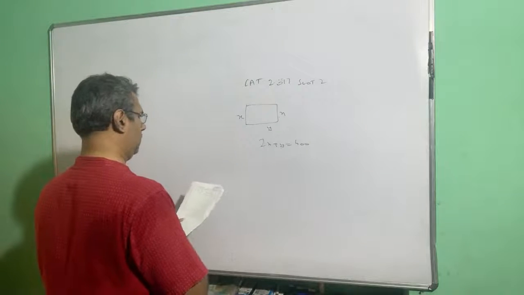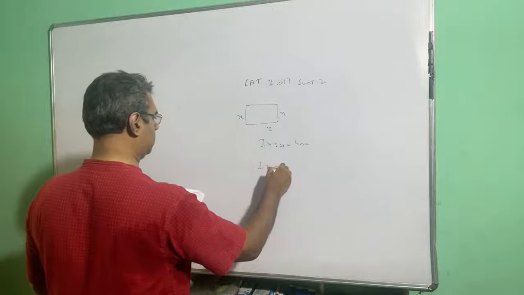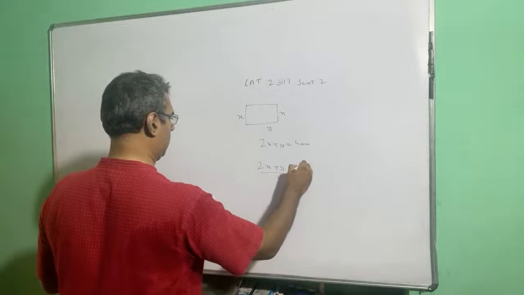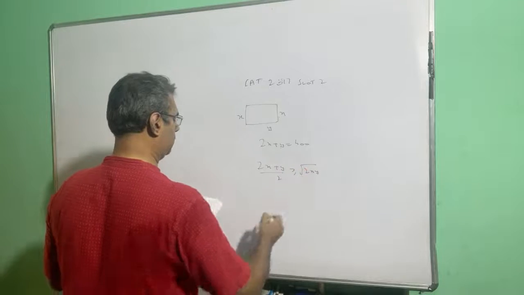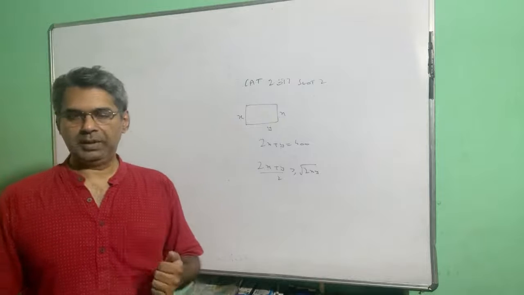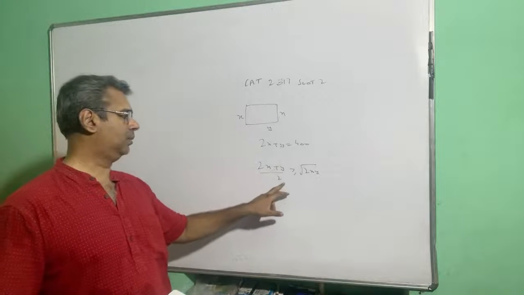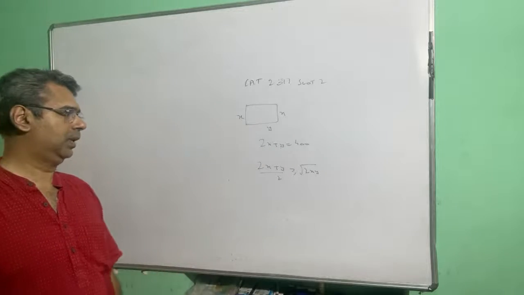So you can take 2x plus y by 2, which is greater than or equal to root 2xy. I am doing the AM-GM inequality using the two quantities 2x and y.